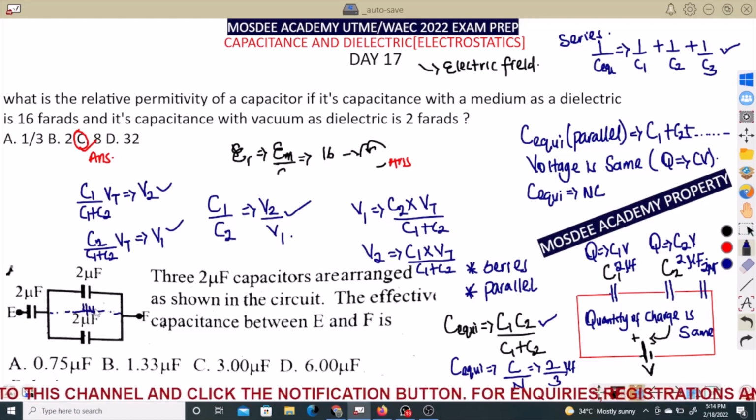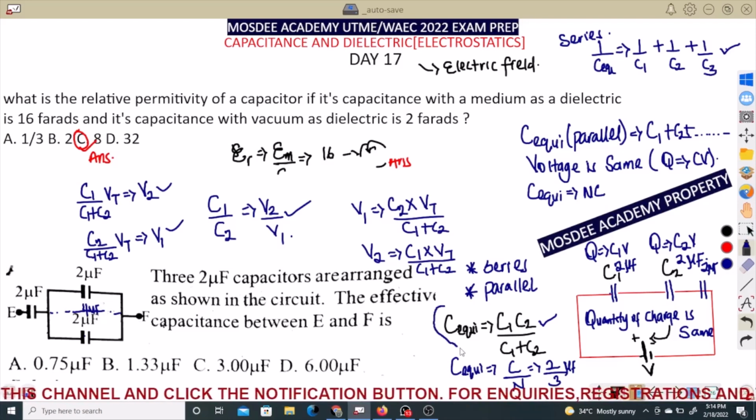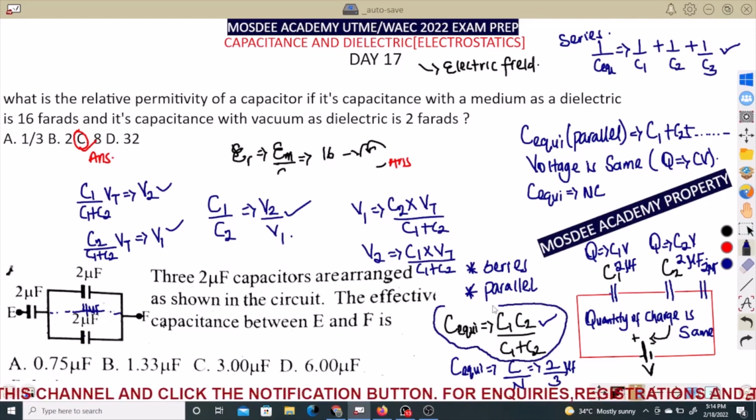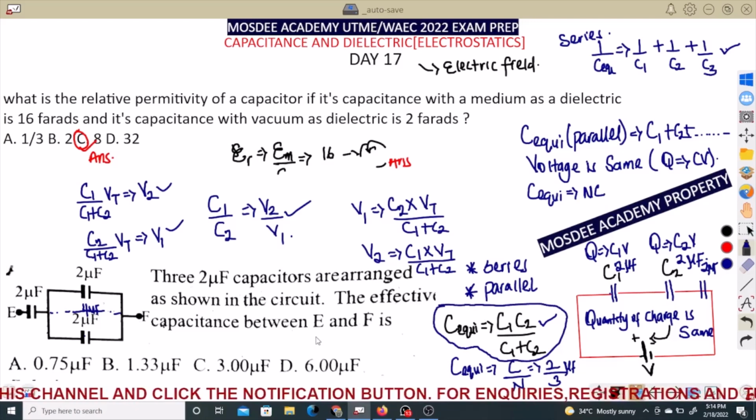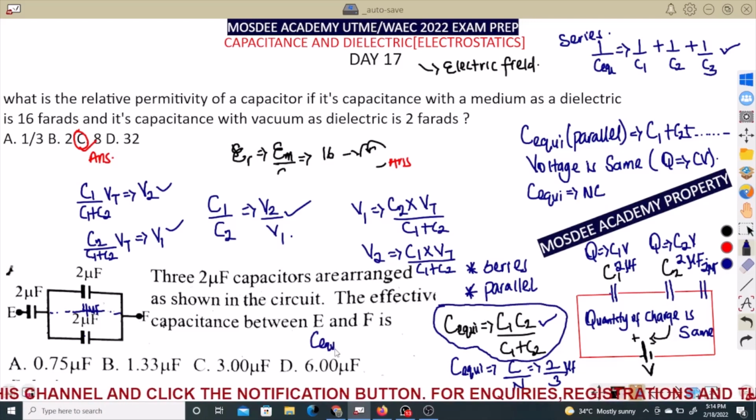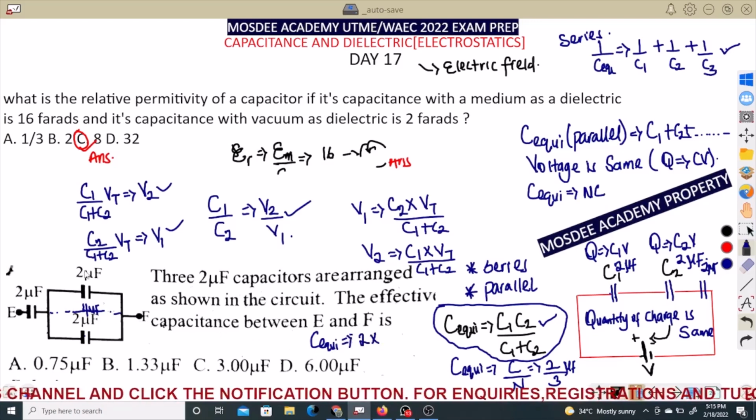So the 4 here is now connected in line with this, which is now in series. For two capacitors in series, we use this: C equivalent will be the first one, 2, times the second one, which is the answer for these two, 4, over 2 plus 4.